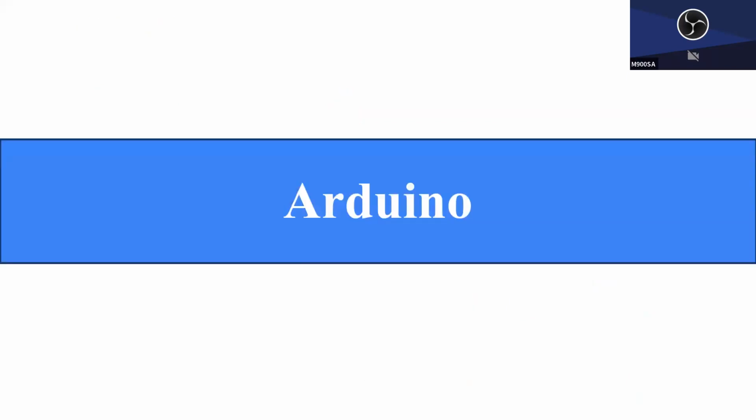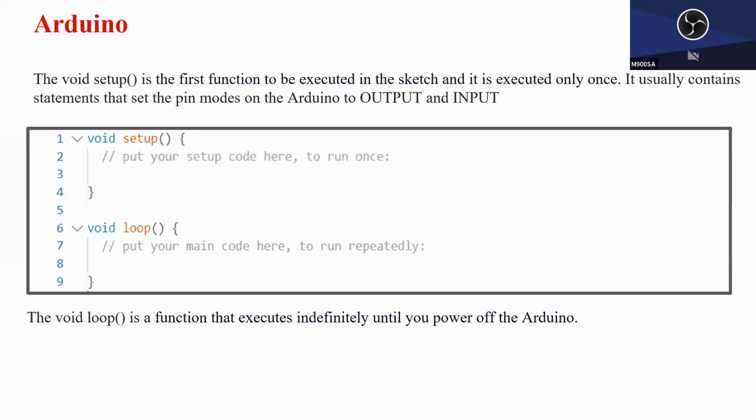So moving to the Arduino. I think you all know about Arduino programming, so I will go quickly. Void setup and void loop are the two most frequently used functions in Arduino. Void setup is the first function to be executed in the sketch.